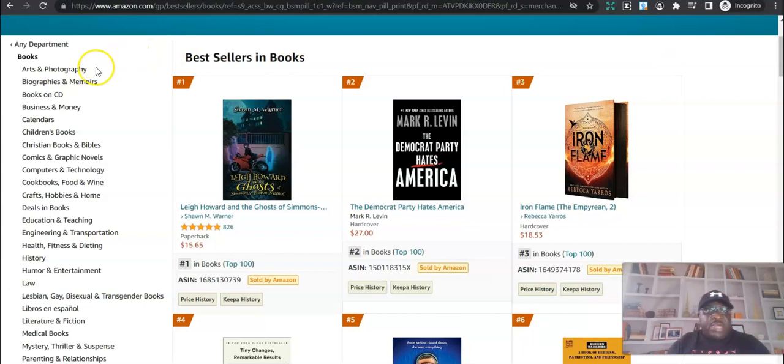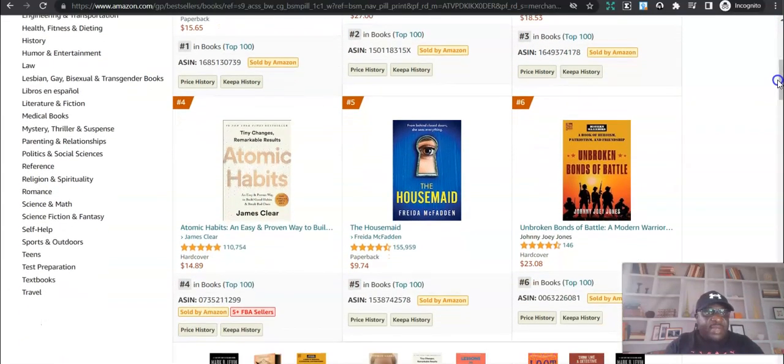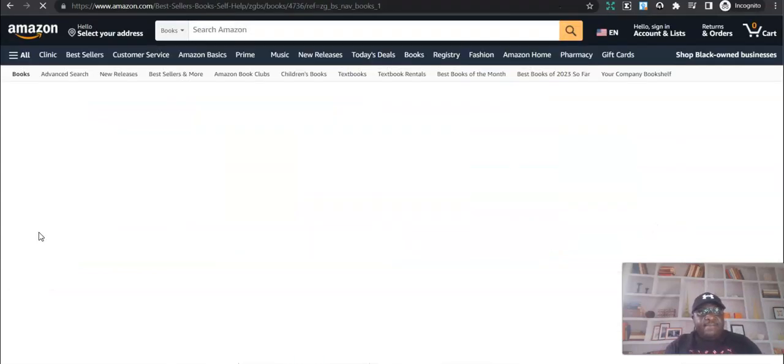Come to the left side here where you have books. Here you have different categories, so you have to choose a category you want to write on. Let's say I want to go with self-help books. I'm just going to click on this self-help category here.